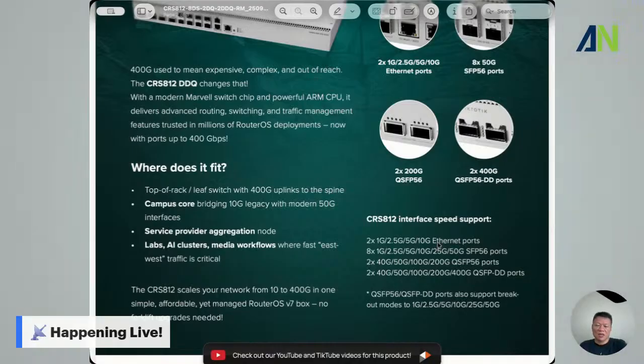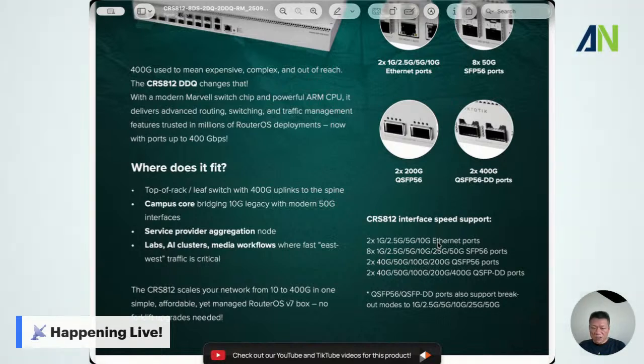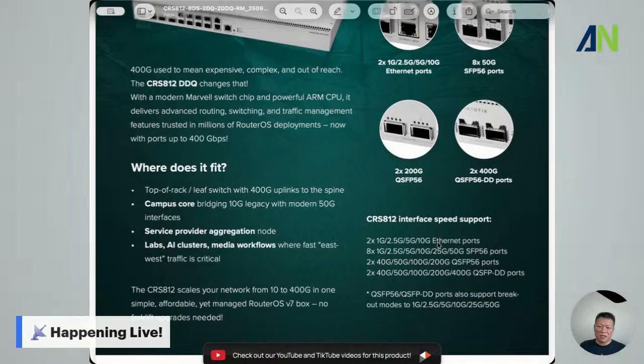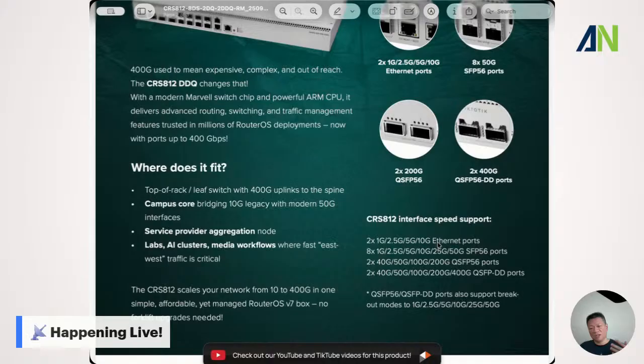The QSFP56 and QSFP-DD also support breakout modes. We know that MikroTik also supplies a DAC cable that you could break out from 1 port to 4 ports. For example, from 40G to 4 of the 10G, or 100G to 4 of the 25G.